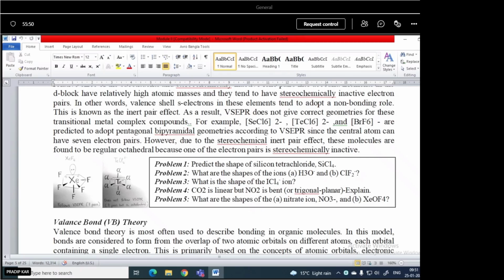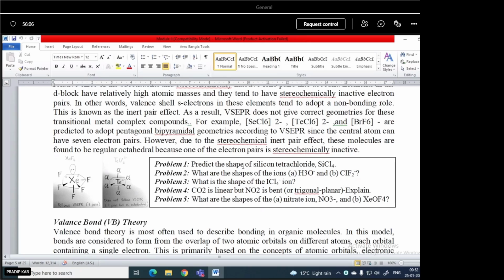And for the isoelectronic one, having the 7 electron pairs with 1 lone pair, it is having this pentagonal pyramidal structure because the lone pair we are not considering.